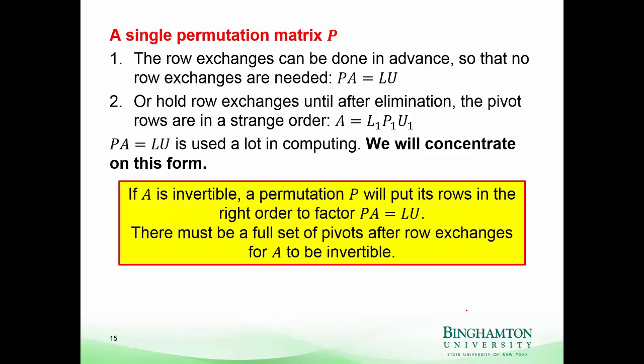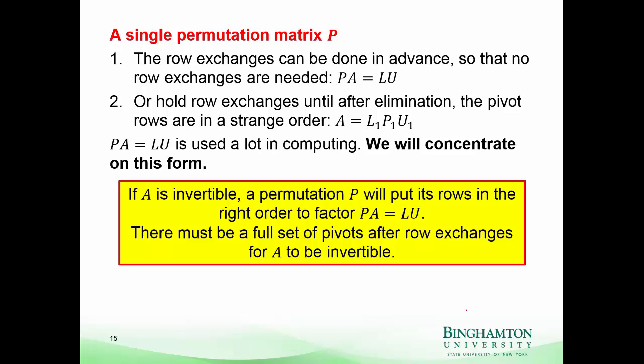So if our A is invertible, but we can't just charge ahead with an LU decomposition, we can find some permutation P that will put its rows in the right order, so that the elimination does not fail with a temporary failure.